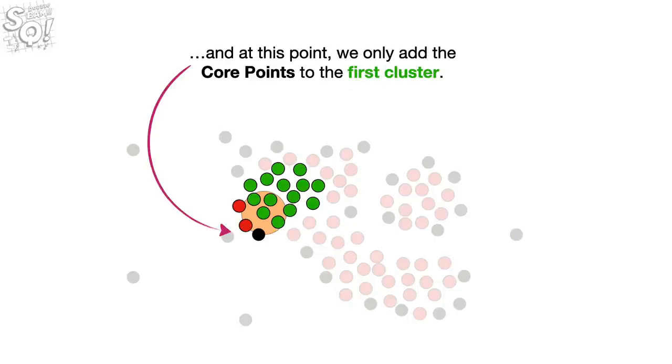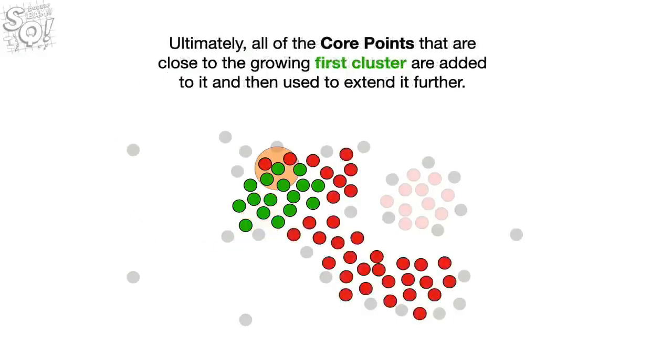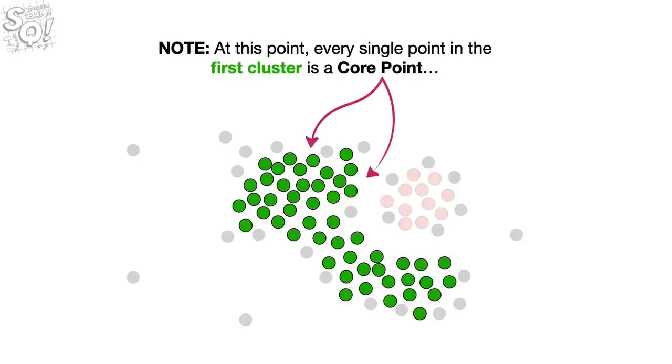And at this point, we only add the core points to the first cluster. That said, eventually we will add this non-core point, but right now we are only adding core points. Ultimately, all of the core points that are close to the growing first cluster are added to it and then used to extend it further. Bam! Note, at this point, every single point in the first cluster is a core point.